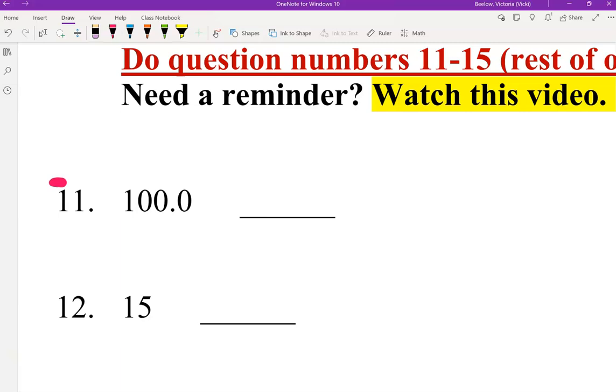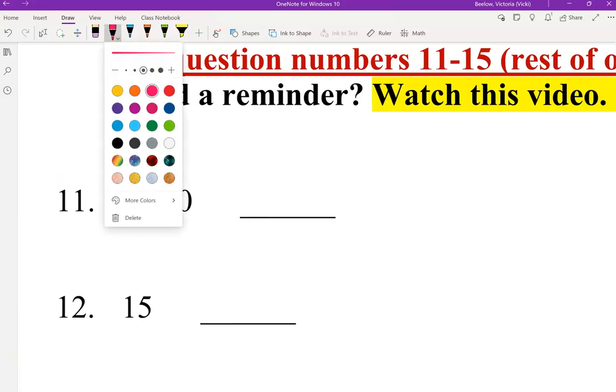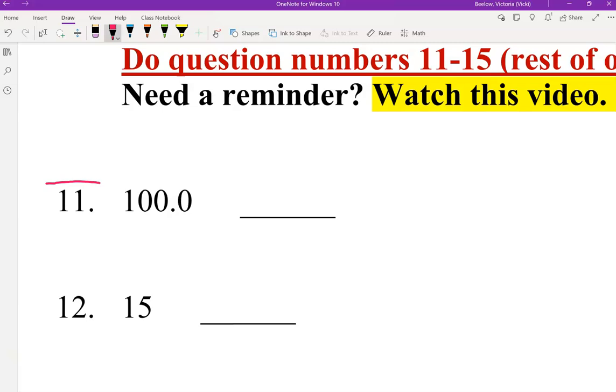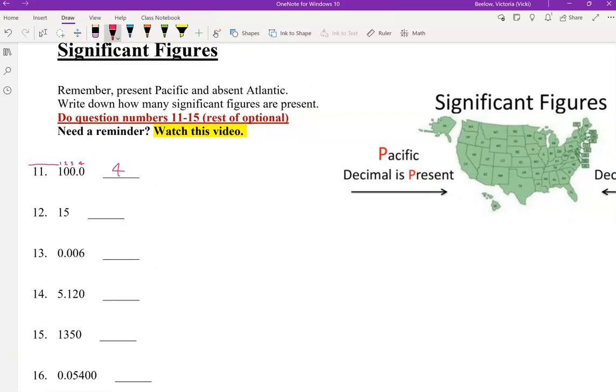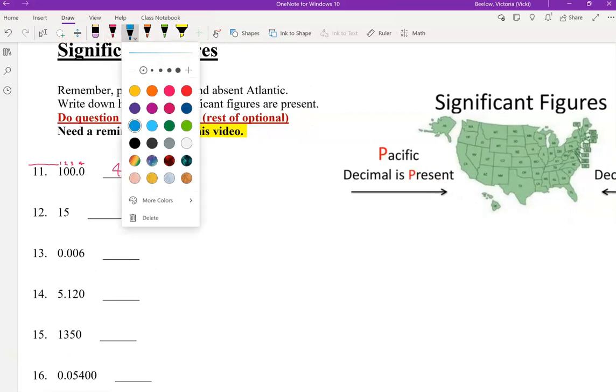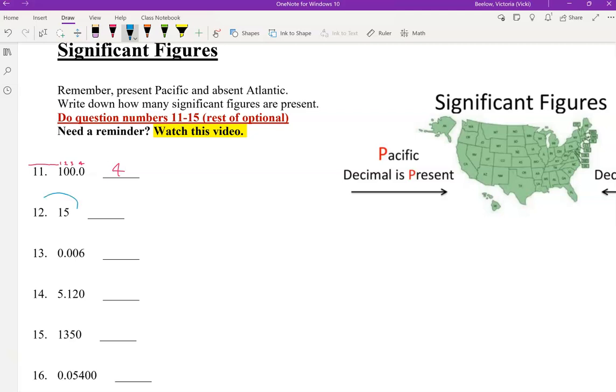So if I'm approaching this number from here, the first number I come across that is not 0 is the 1. So I would count that as significant and everything after it as significant. So this would have 1, 2, 3, 4 significant figures total. Now for the next problem, there is no decimal point.